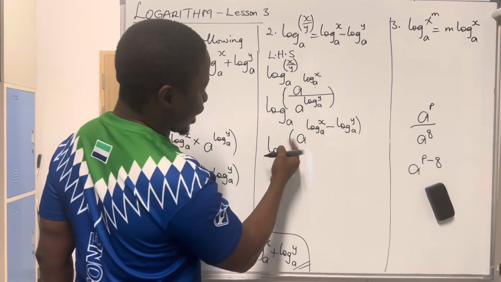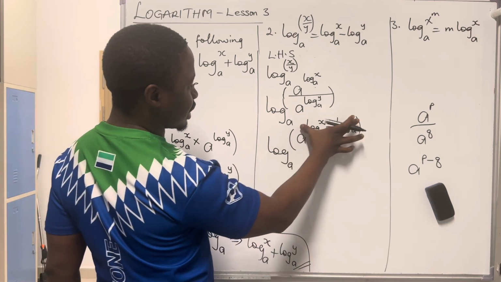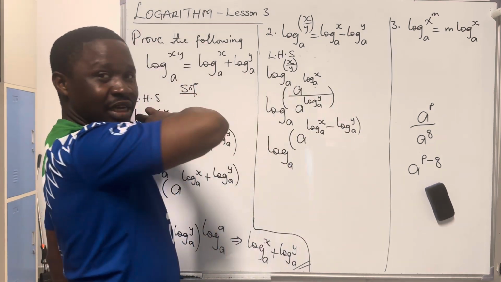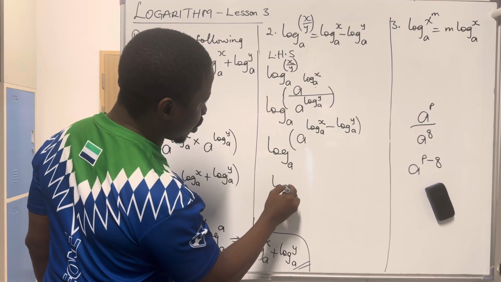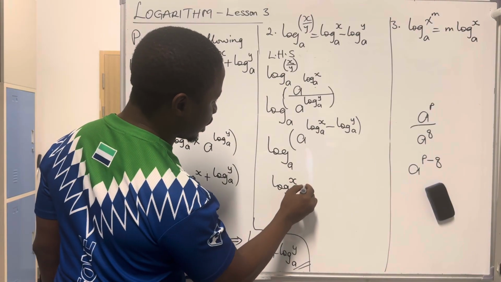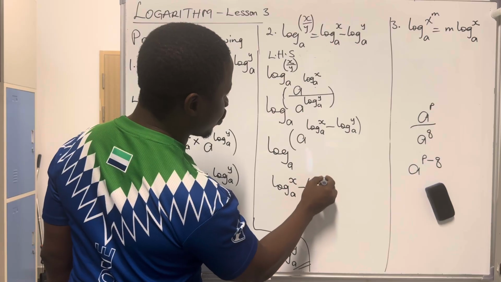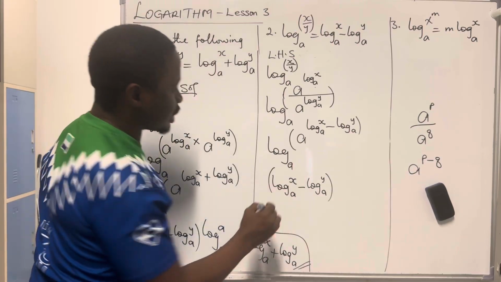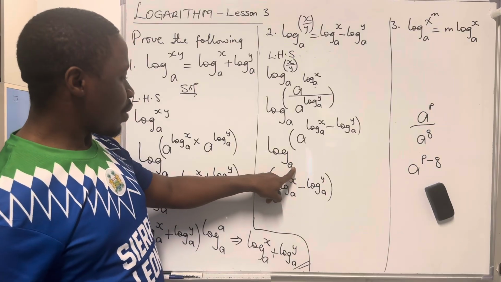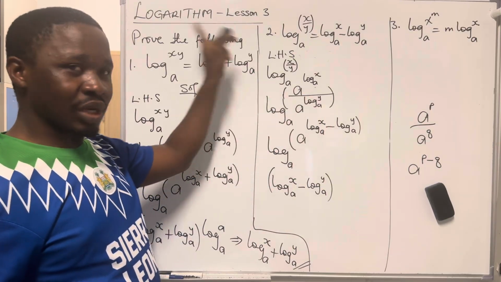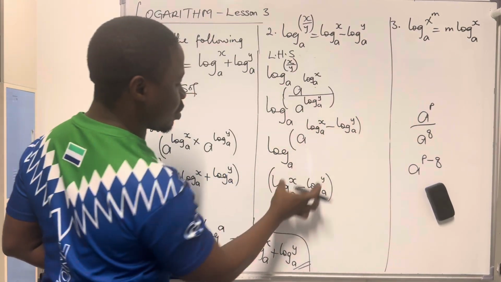We are in the log, the number has a power. The power goes to the left hand side of the log. So we say log x base a minus log y base a. This is the power. This is the log number. This is the base. So when the log number has a power, the power goes to the left hand side. So this one has come to the left.